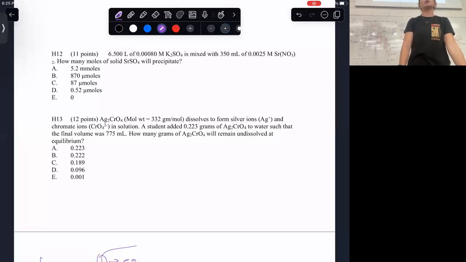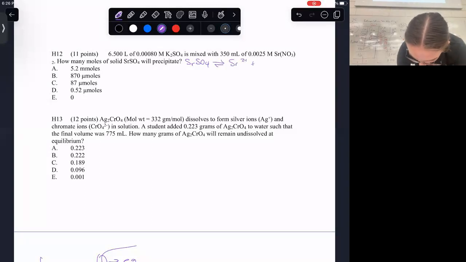So we know that the precipitate forming is strontium sulfate. If you were to write a KSP equation for this, we would have SrSO4 in equilibrium with Sr2+ and SO4 2-.